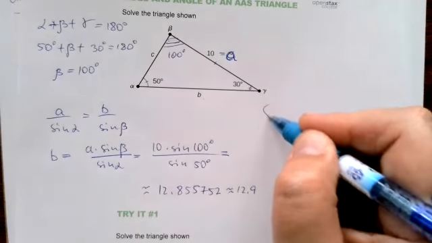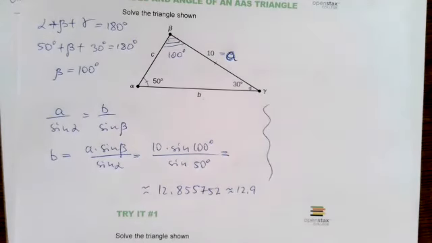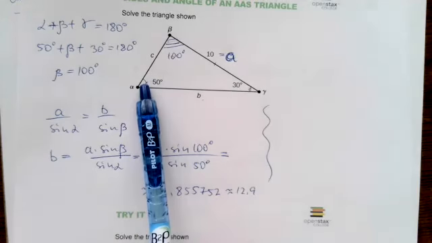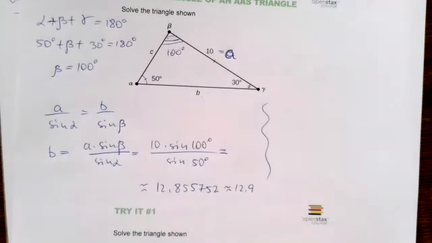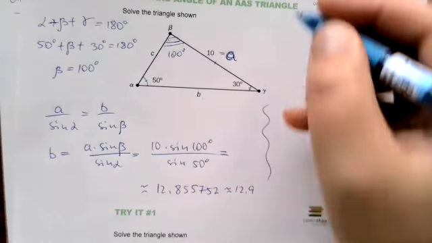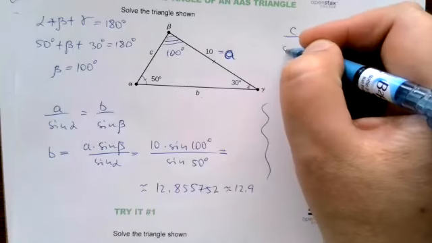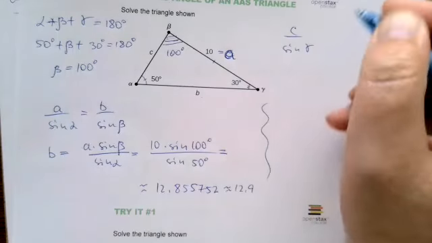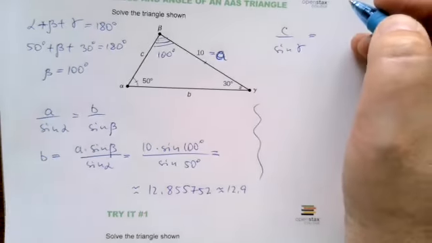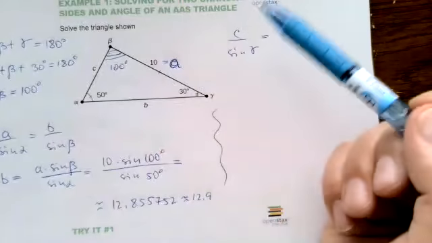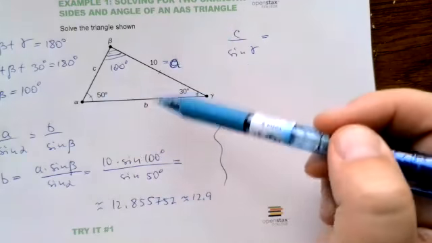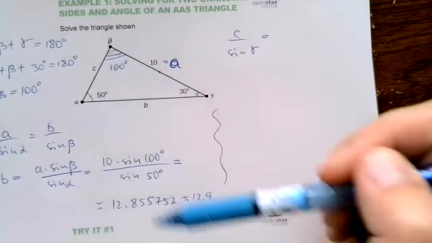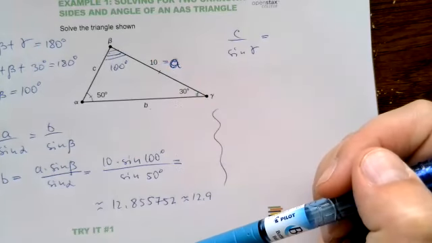All right, what else do we want to find? We know all of the angles now. We know B, we know A, we don't know C. So again, I'm going to write C divided by sine gamma is going to be equal to, and now I can choose whether I want to use A over sine alpha or B over sine beta, but I would like to use the values that were given to me.